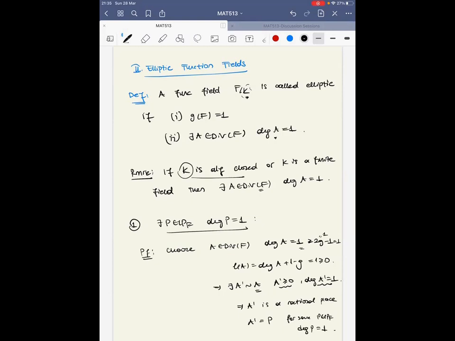Here let me change the notation and fix this rational place.